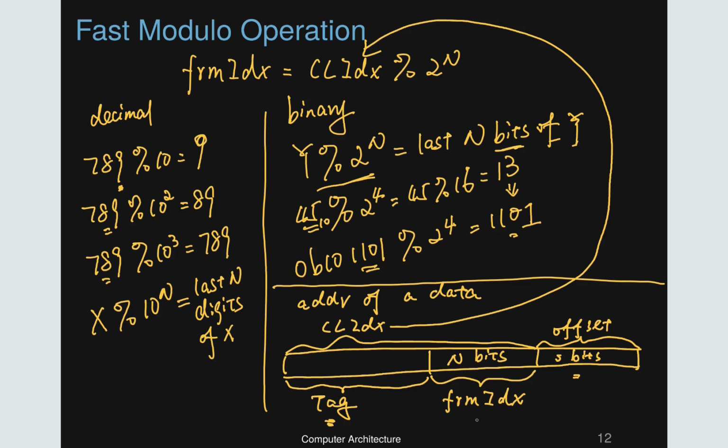The second n bits are going to be used to compute the index of the frame that is used to store the cache line that contains this piece of data. And finally, the rest of the bits are going to be used as the tag to identify the cache line that contains this piece of data.